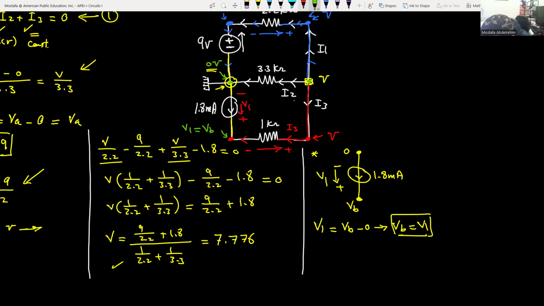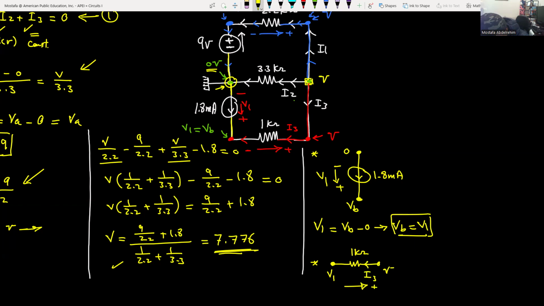Good. So let's now draw this branch again. This is the 1 kilo ohm. Here we have V, which we know. We just determined 7.776. And that's VB, I'm sorry, V1, which is equal to VB. And I3 is flowing like that, and the voltage is like that.